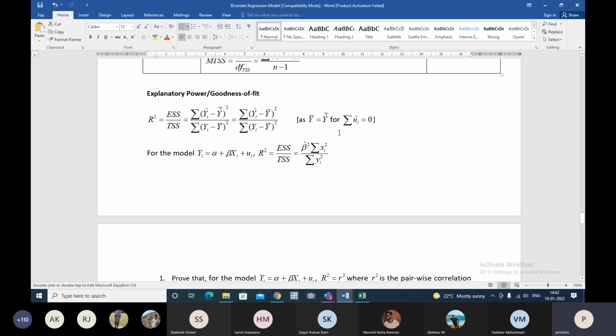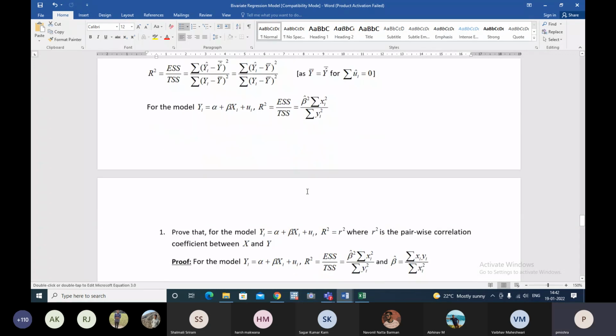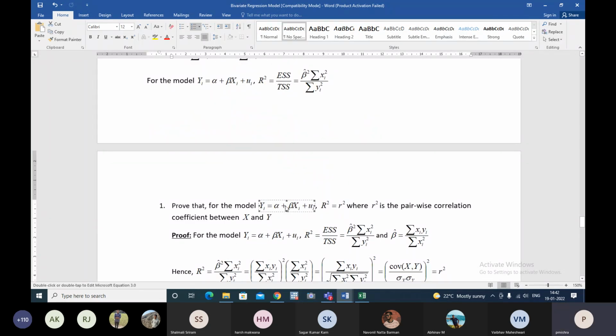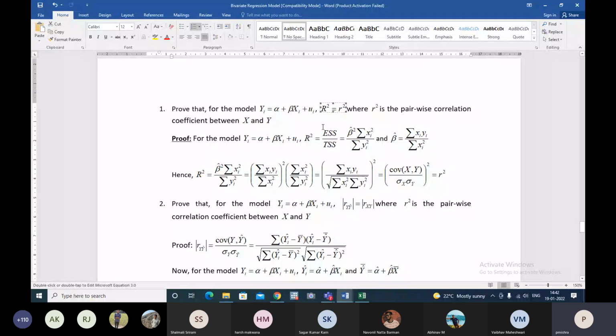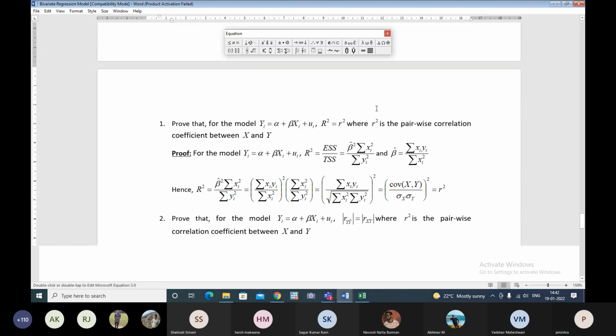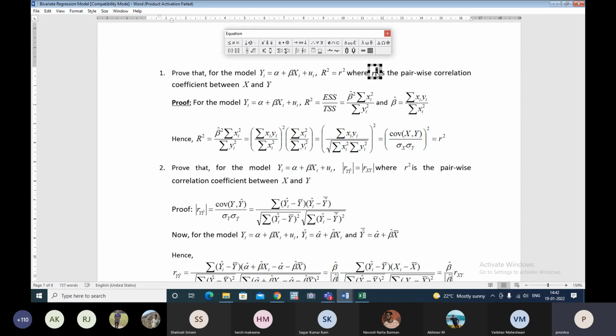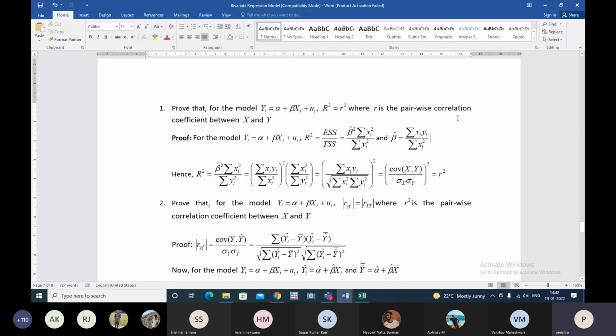Now there are two very important questions. What we have proved empirically in one of the classes, I think in the last lab class, let us see it mathematically. One is, for this bivariate model, this capital R square is nothing but small r square, where small r is nothing but the pairwise correlation coefficient between x and y.